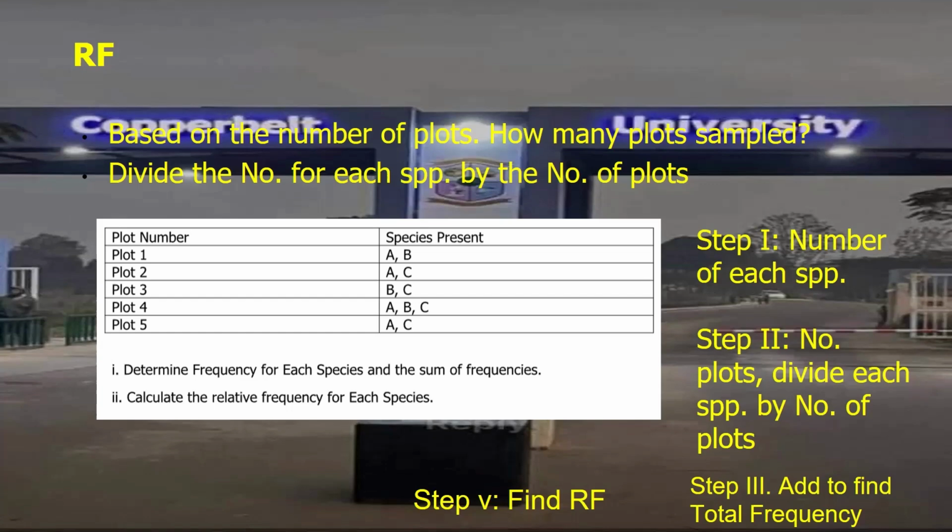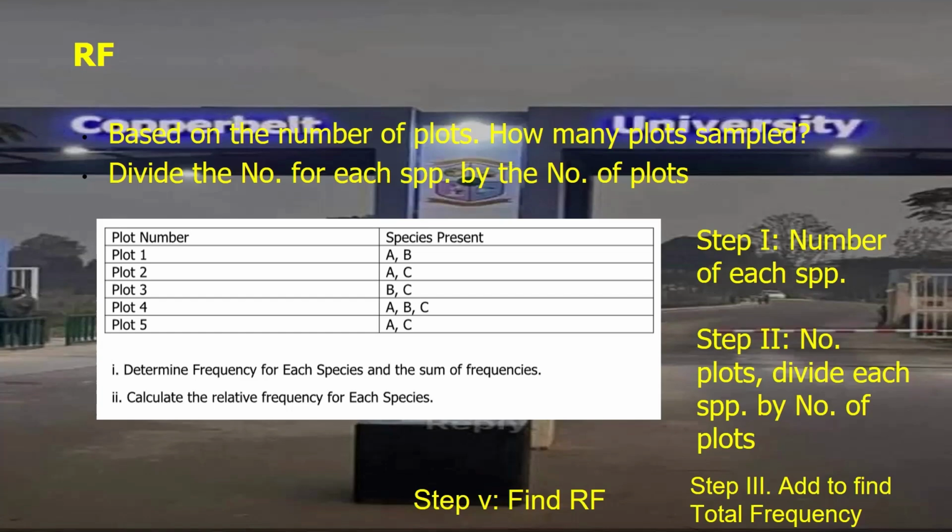So in the notes that I shared under Appendix 1, I shared this example of 5 plots, okay? So you are sampling these species in 5 plots. And each plot has got species composition.